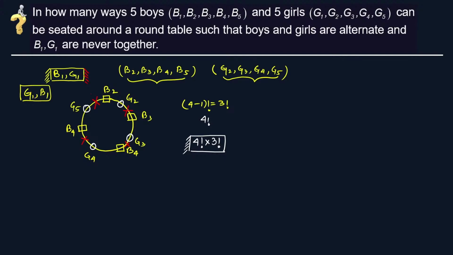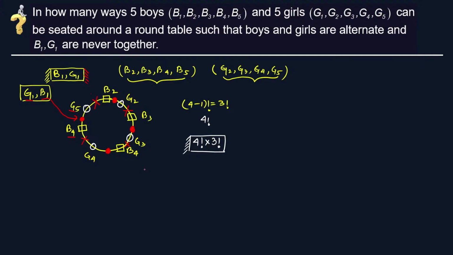This box can be placed either here, or here, or here, or here. Because if this box is placed here, then the boys and girls will still be alternate: first is B4, then G1, then B1, then G5. Getting my point or not? So this alternate thing is still there.